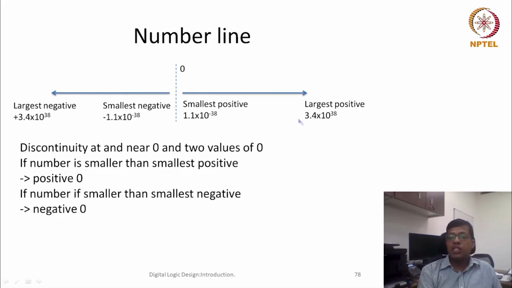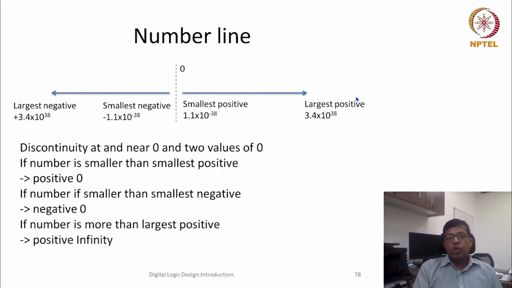Any number which is larger than the number which can be represented using single precision numbers is positive infinity. In a similar way, any number which is lesser than the largest negative number is a minus infinity. So this is the way we can understand what kind of numbers can be represented using single precision floating point number.